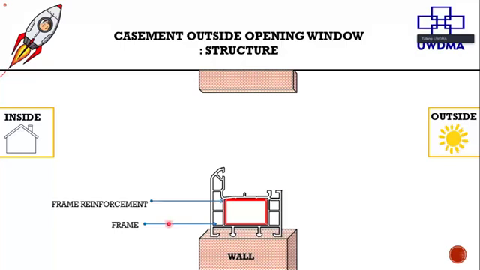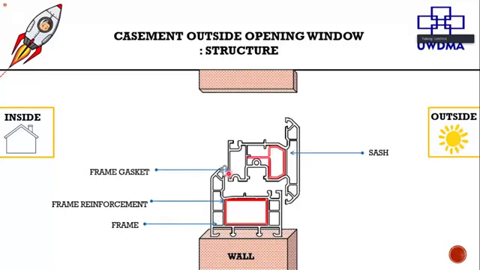So first we have our frame. Of course, we are going to have our frame reinforcement, our frame gasket. This is our sash, our T sash, the outside opening sash, and the sash reinforcement. If you remember yesterday when I was explaining about casement windows, I told you that there are two gaskets, one in the frame and one in the sash, because of which we get 100% sealing.